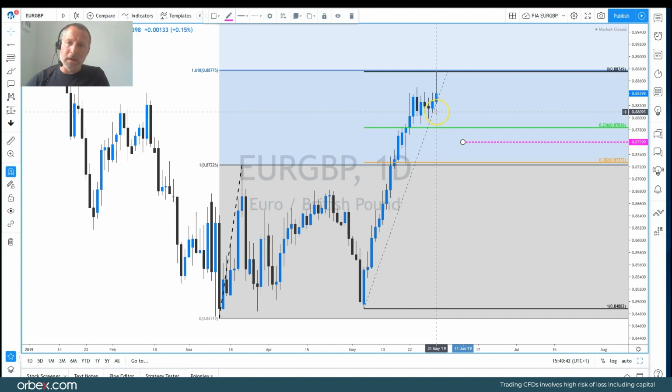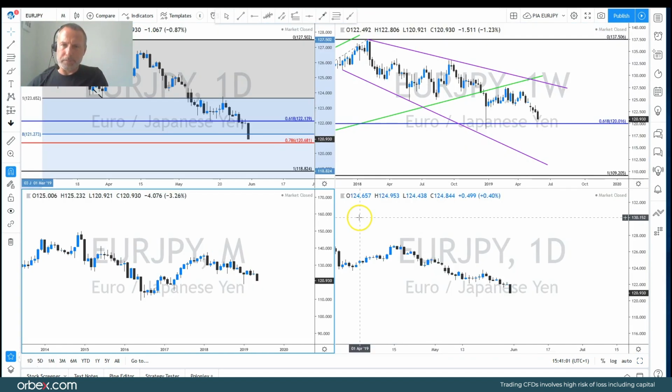So we are looking for a corrective move to the downside. Prime support this week is at 87.60, and that's in between the 23.6 and 38.2% Fibonacci levels. So quite a prime area, I believe, for trying to get long again in euro sterling.